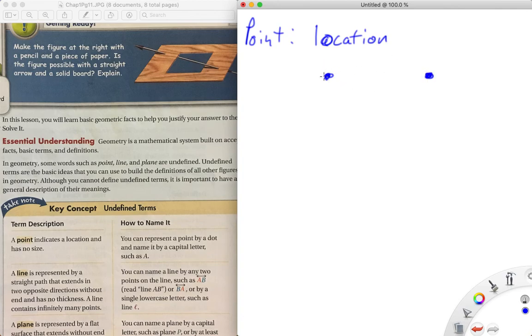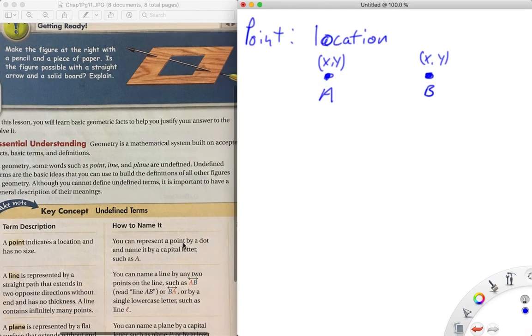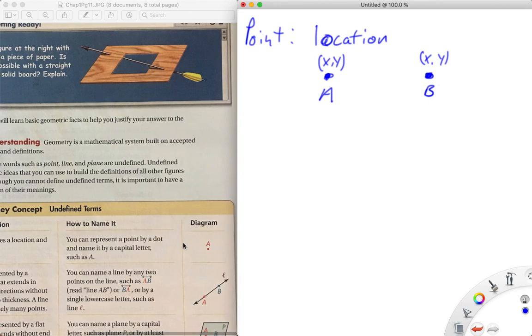I can do it by giving it some type of label and some type of location, right? It could be a location in terms of some type of ordered pair or some other mechanism. And these points just help us tell one part in space from another. It's usually represented by some dot and labeled. That is a point.